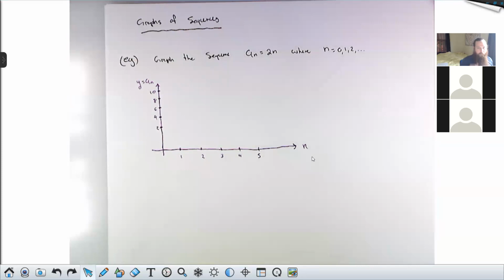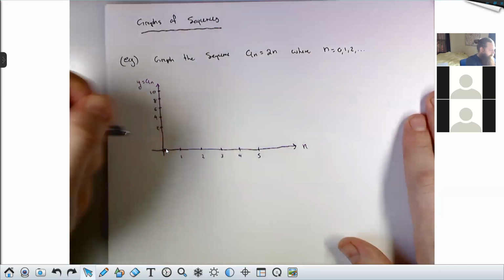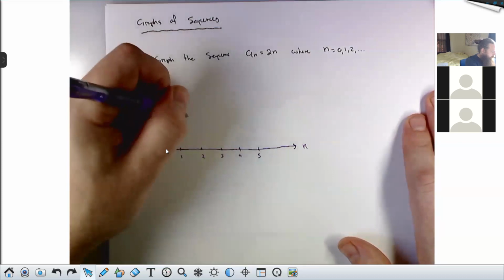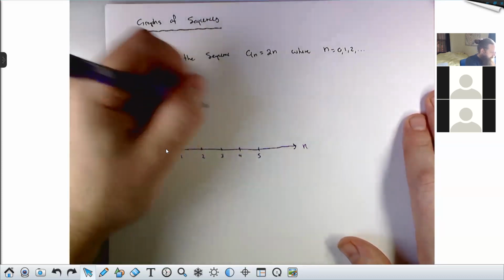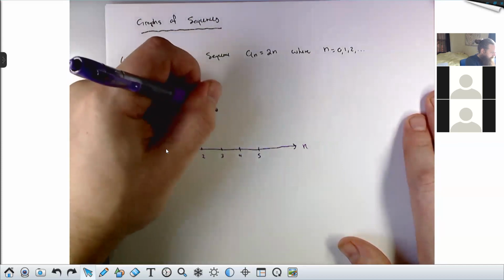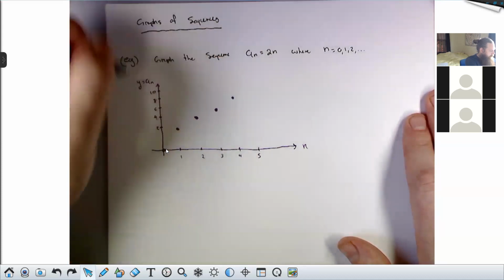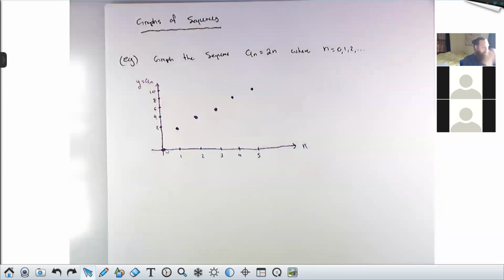I messed up the scales a little bit, but you get the idea. a_0 is 0. a_1 is 2. a_2 is 4. a_3 is 6. a_4 is 8. And a_5 is 10. So this would be a graph of that sequence.